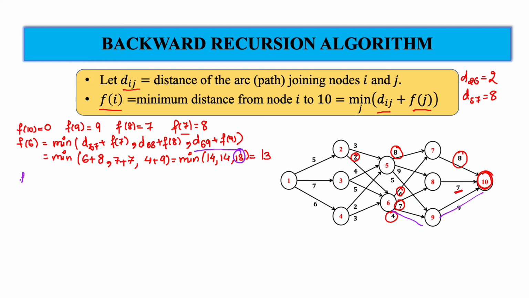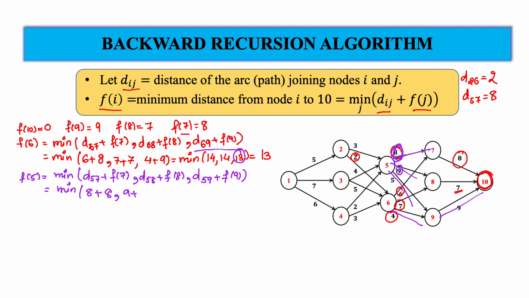Similarly we will see what is F5. So F5 is minimum distance. Again, if you will see from 5, 3 different paths you are taking to stage 2, that is D5 to 7, then minimum distance from 7; D5 to 8, minimum distance from 8; D5 to 9, minimum distance from 9. Okay, so again put the values, you will get minimum. D5 to 7 is 8, so put the value 8. F7 is 8. D5 to 8 is what? 9.